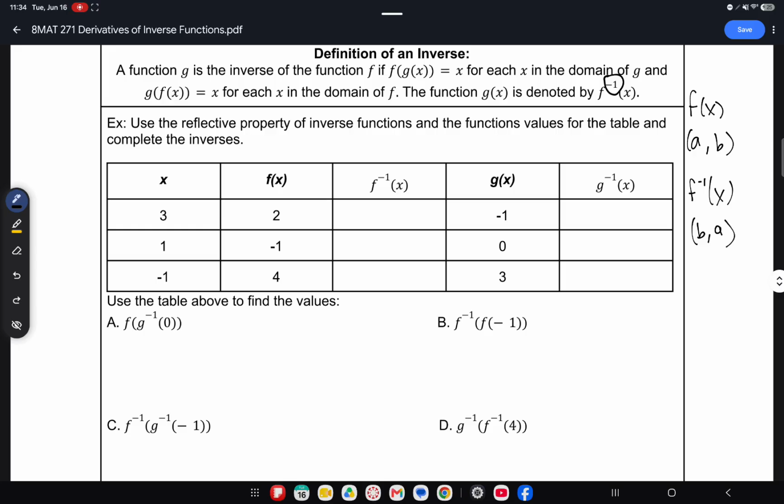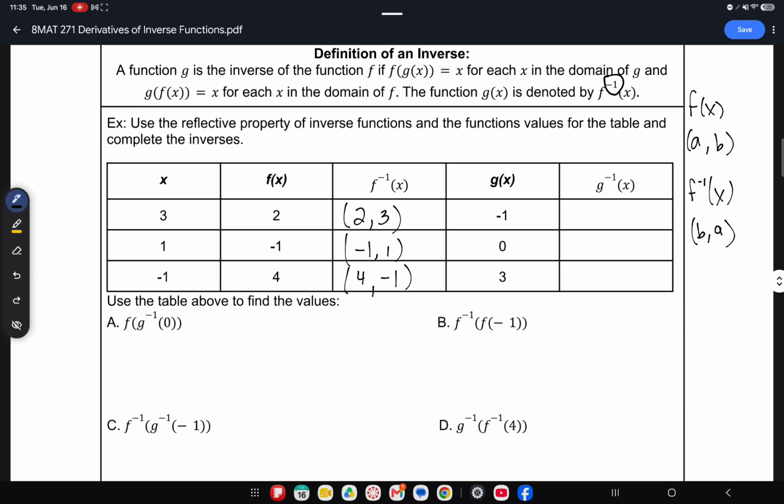Right? So instead of the point being (3, 2), the point would actually be (2, 3), right? And then instead of (1, -1), the point would be (-1, 1). And then we flip-flop it here as well. Instead of (-1, 4), it's now (4, -1).